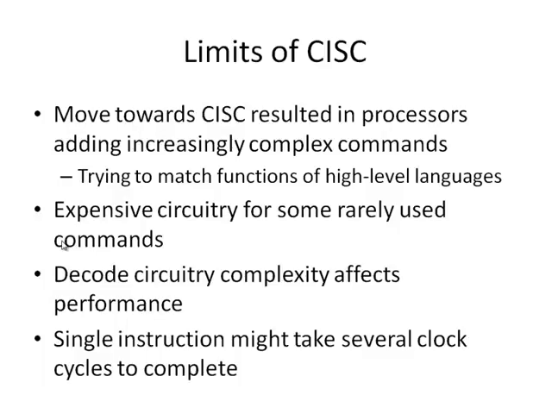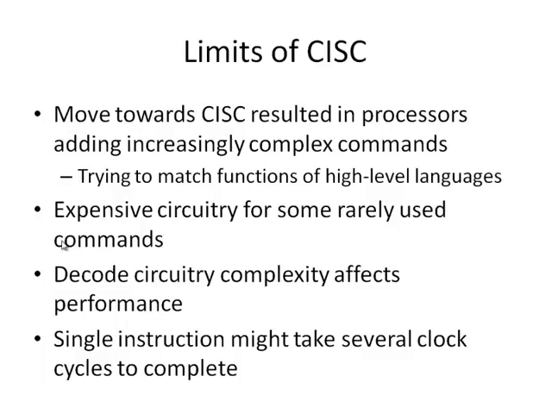The downside is that you end up with some complicated chip designs, and there's some expensive and complicated circuitry in there for some of the commands and instructions that are very rarely used. And this complicated circuitry and the decode circuitry complexity will affect the performance. And so a single machine code instruction might take several clock cycles to complete.